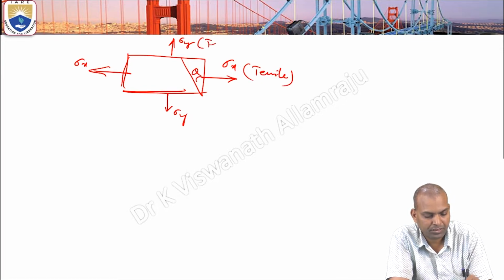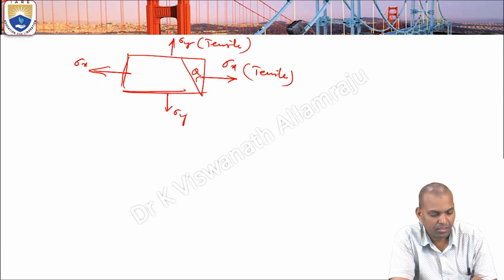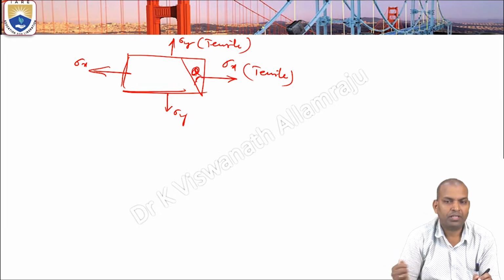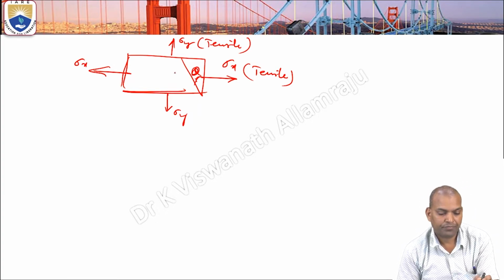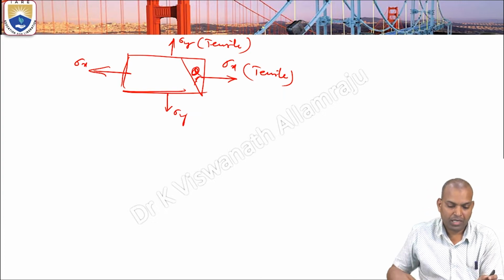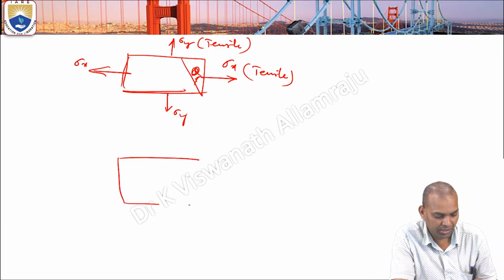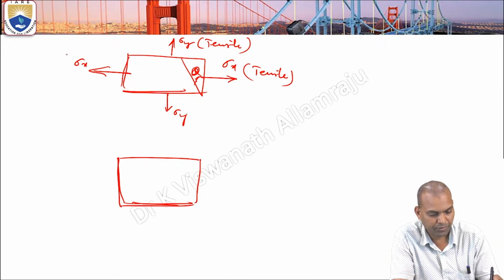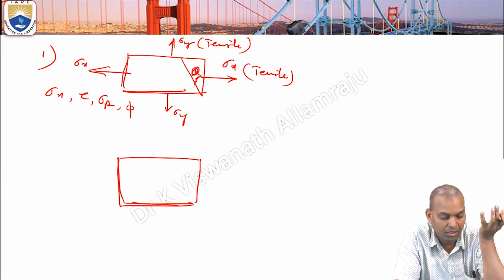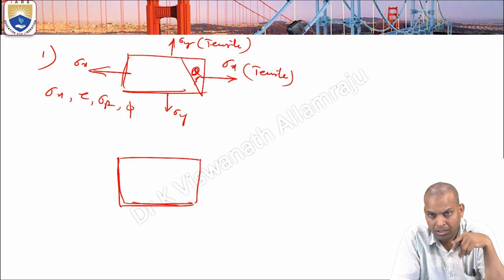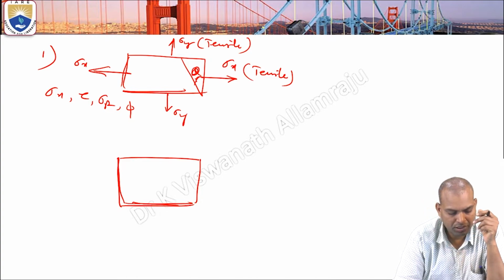The angle made here is theta with the maximum principal stress, sigma x. From the first model, we found sigma n and tau, sigma r and phi. Sigma n means normal stress, tau shear stress, sigma r resultant stress, and phi is the angle of obliquity.